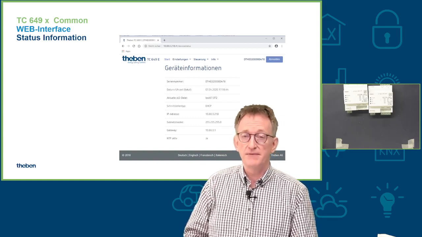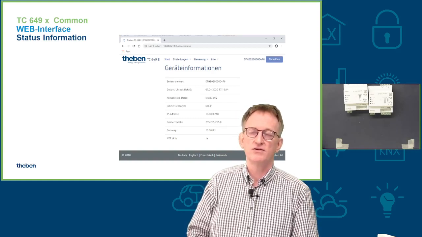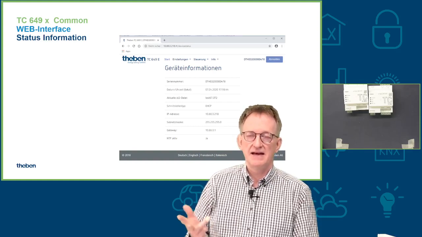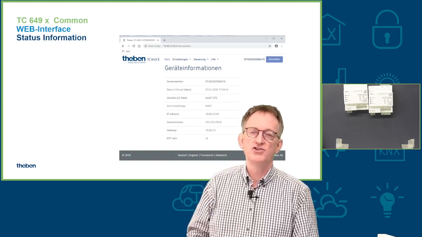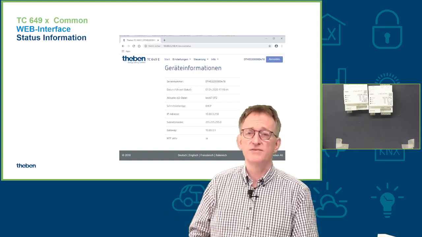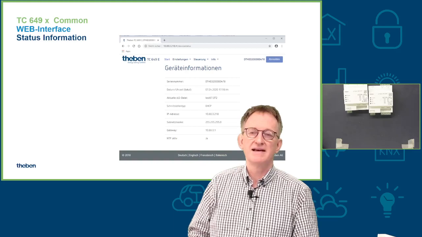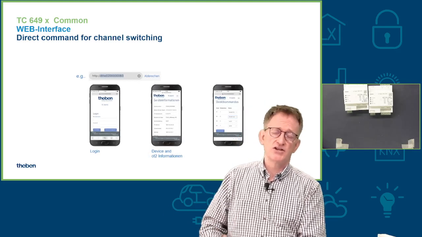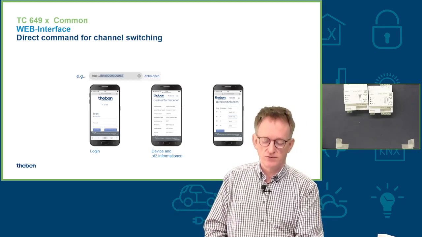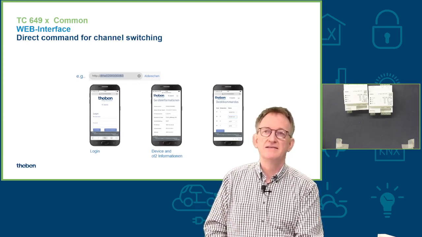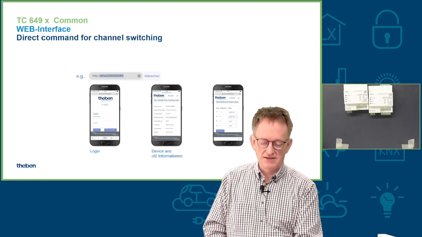By the way, I've mentioned that the IP address on the service network connection, I think I have also mentioned it on the web page, is 192.168.138.3. You have that information also on the slide. You can also connect not just from the PC, but also from your smartphone to the device and, for example, send a direct command for channel switching.